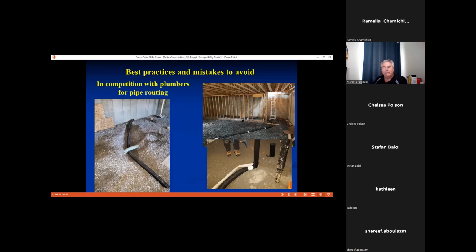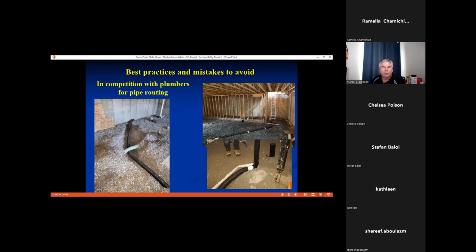Now, a lot of times when we get called in, the plumber has passed before us. So he's installed all of his pipe, and now we've got to get our pipe to the middle of the floor. So a lot of times we're struggling to work around their pipes. If we get there first and they know it's for radon, sometimes they'll cut our pipe so that they pass their pipe.